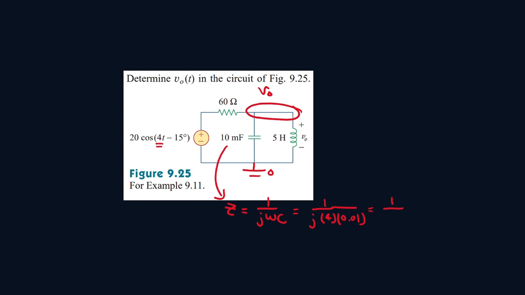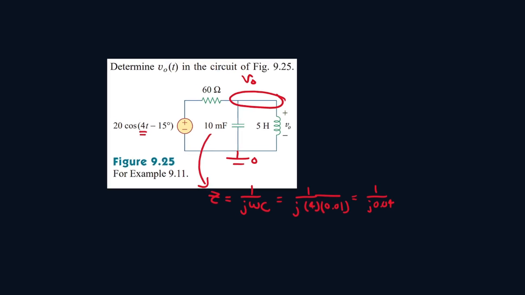So its impedance value will be 0.01 times 4, so that's 0.04. And then 1 over all of that, that's 25. And then we can bring the j to the top by multiplying the top and bottom by j, so it'll be negative 25j. So that's the impedance value here.